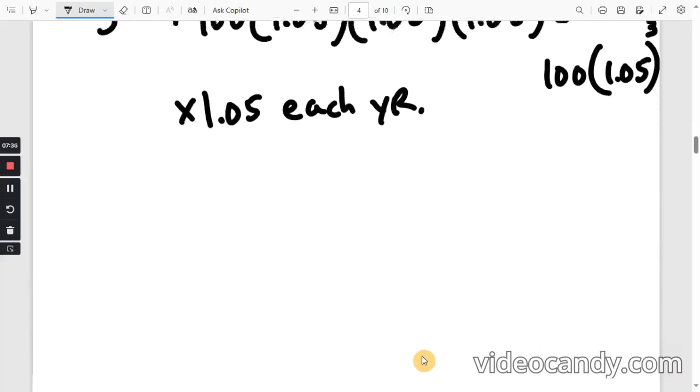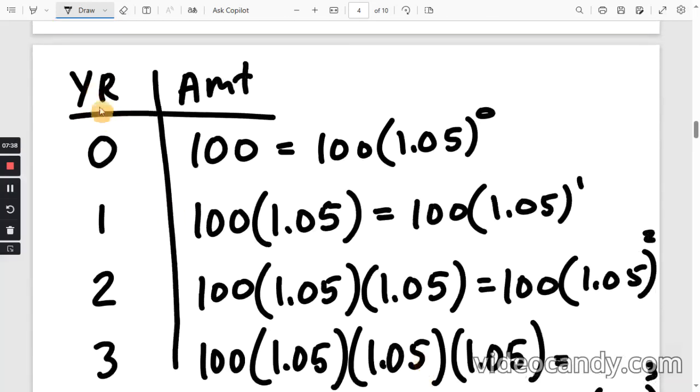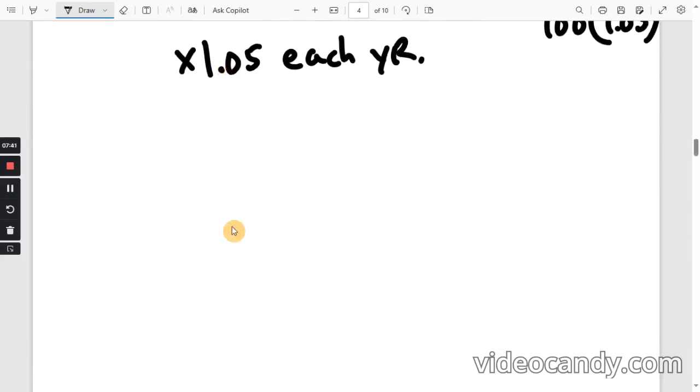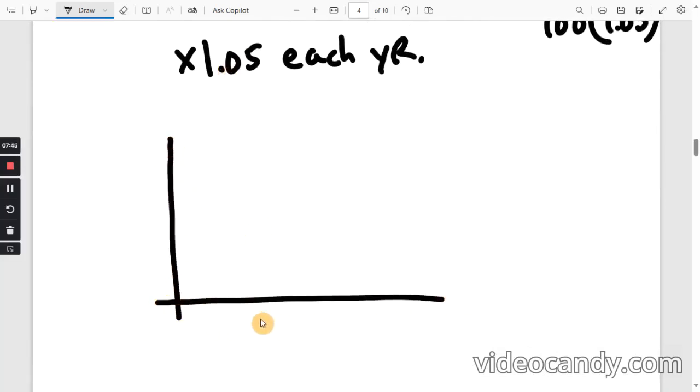All right, and as a result, if you do year on the x-axis and the amount on the y, okay, the year is on the x-axis and the amount is on the y.